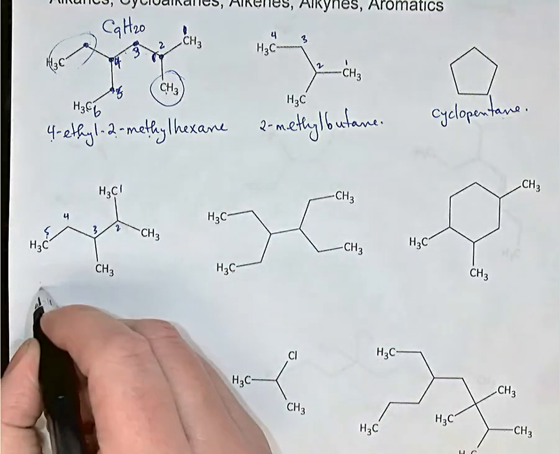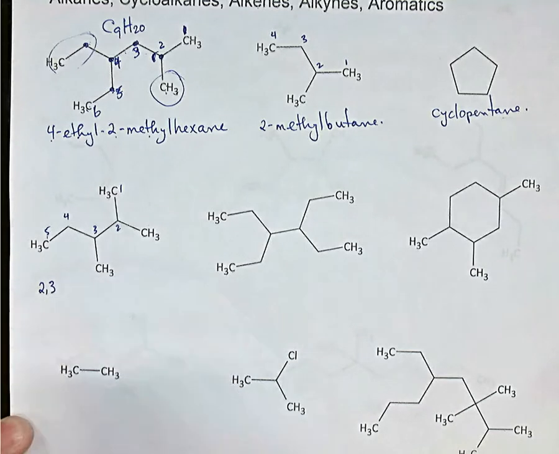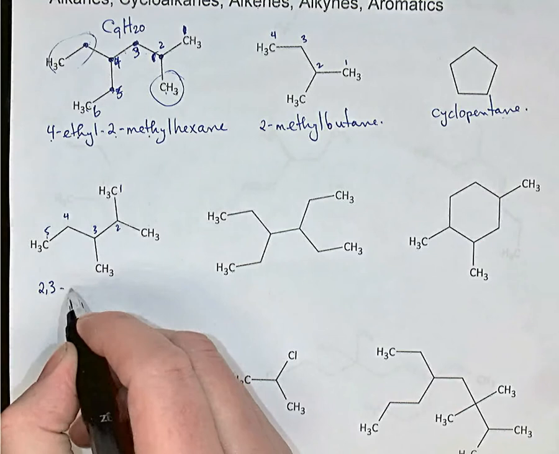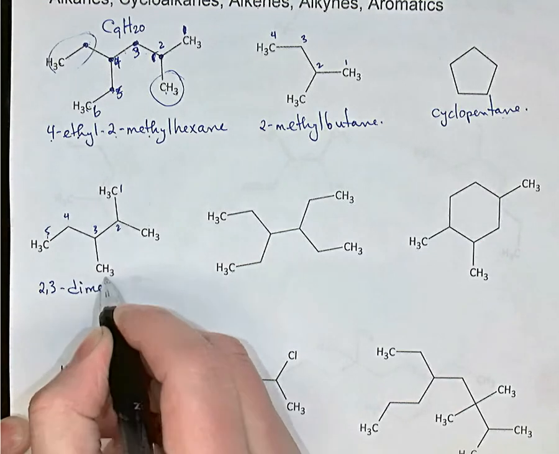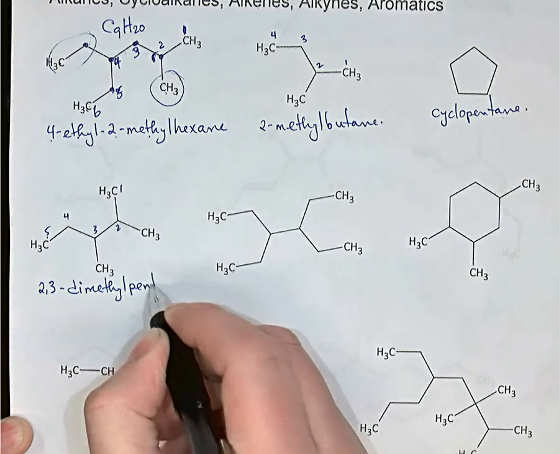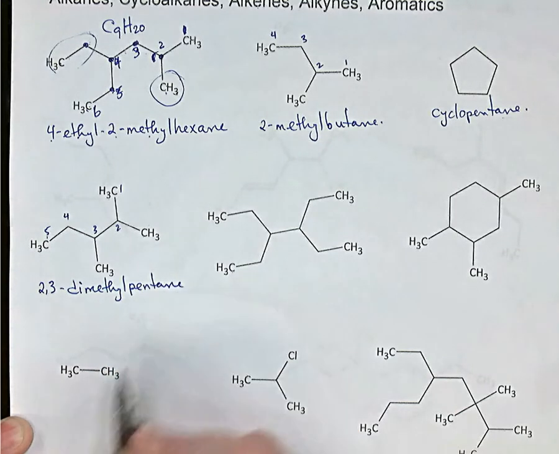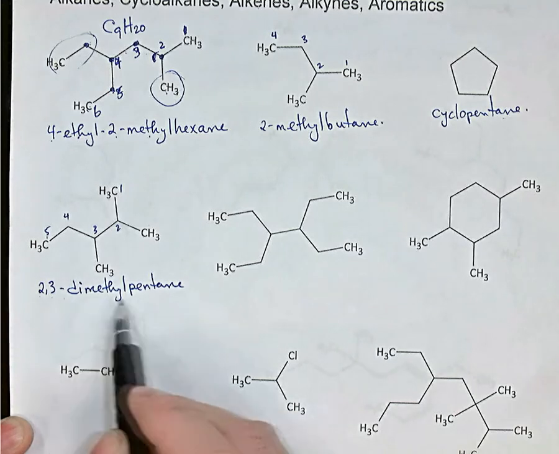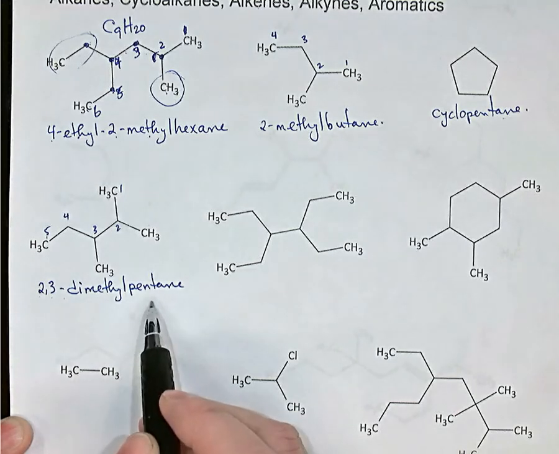So I'm going to call this 2,3, and because I've got 2 of them, I'm going to use the prefix di. Dimethyl, 2 methyls, and then 5 carbons, pentane, in the parent chain. So 2,3-dimethylpentane, and dimethylpentane should all be one word.